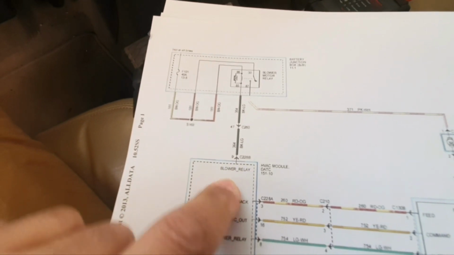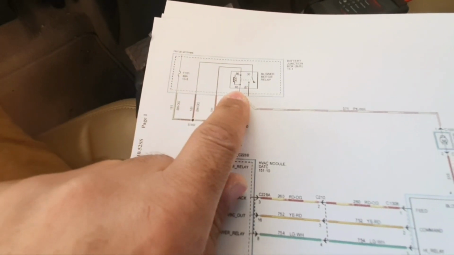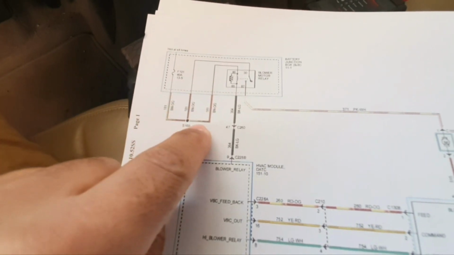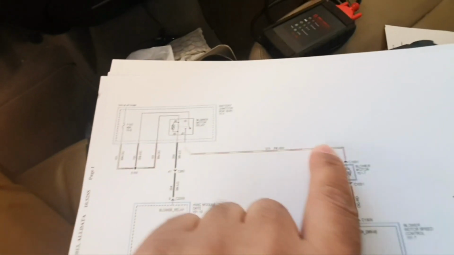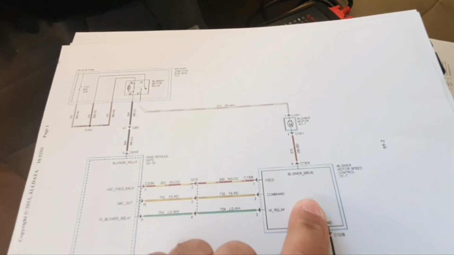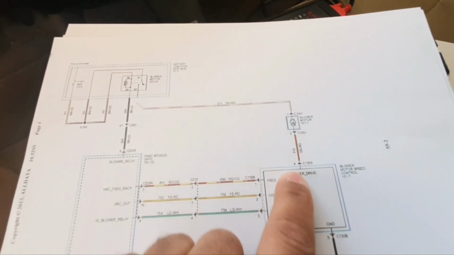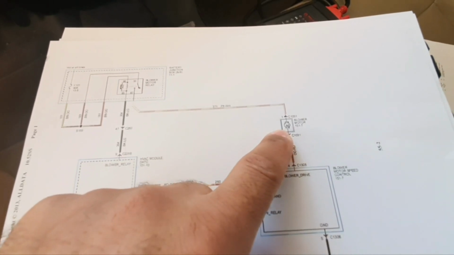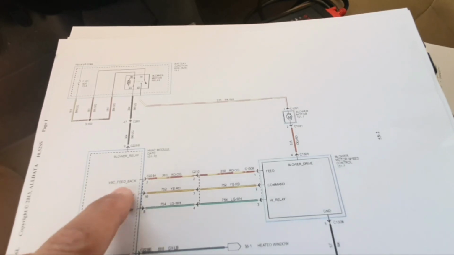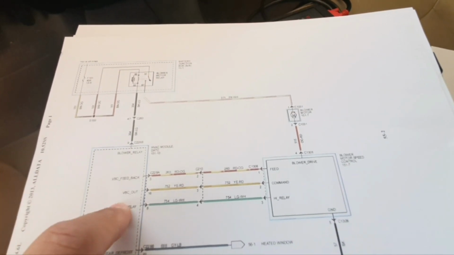When the climate control is on, this relay should be on, and then the voltage from the battery should go to the blower motor. So this speed controller then controls the ground of this blower motor by the commands that are sent by the climate control.